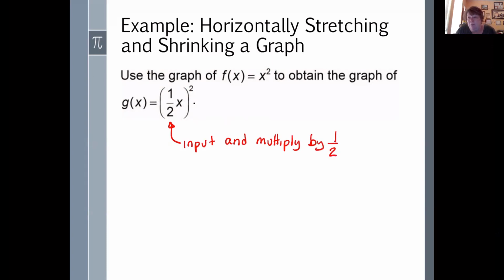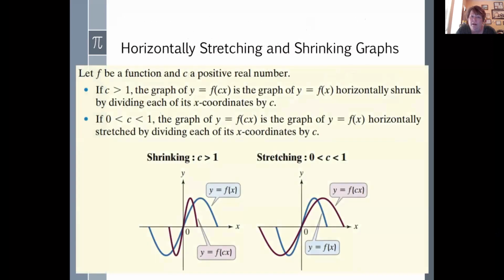Since we're taking the input and multiplying it by a constant, that's either a horizontal stretch or shrink. And since we're multiplying it by 1/2, a number between 0 and 1, that's going to be a horizontal stretch. So you take the graph and stretch it out by 2. So each x coordinate gets multiplied by 2.